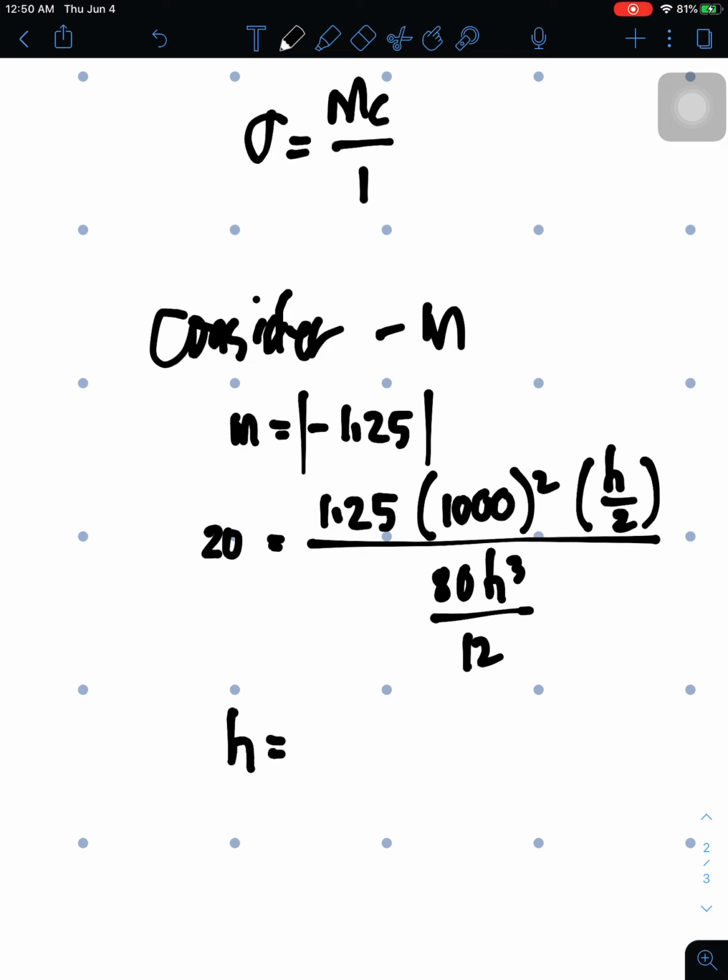Let's compute that. That is 1.25 times 1000 squared divided by 80.